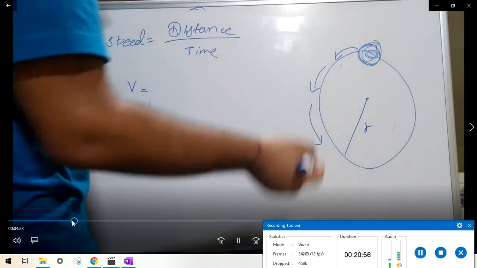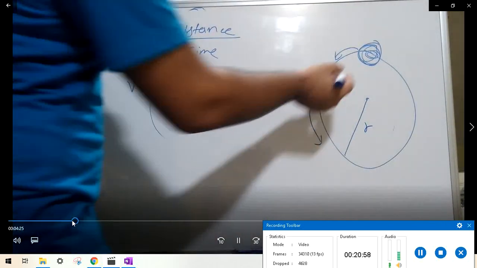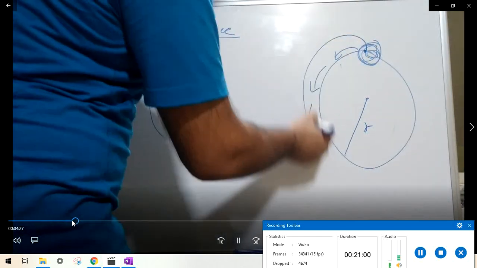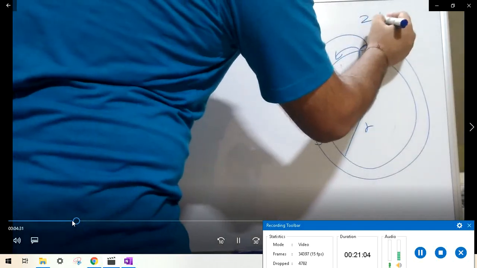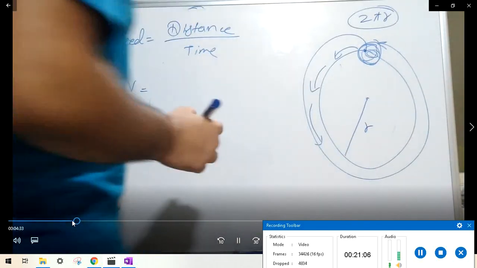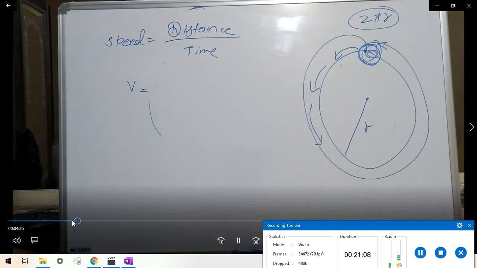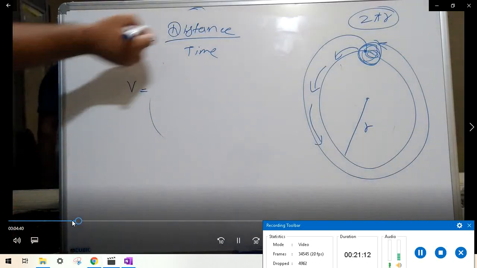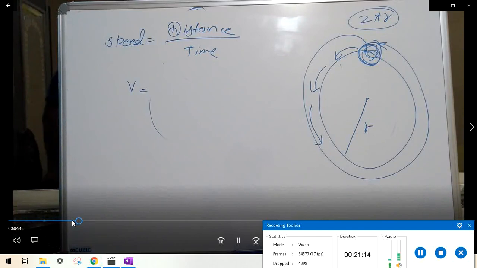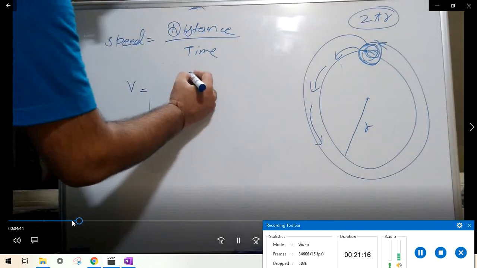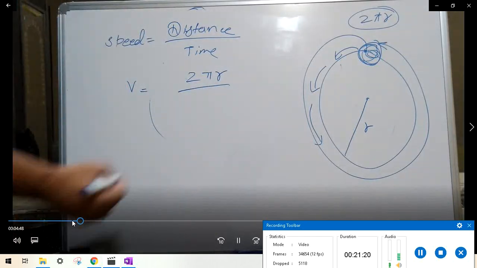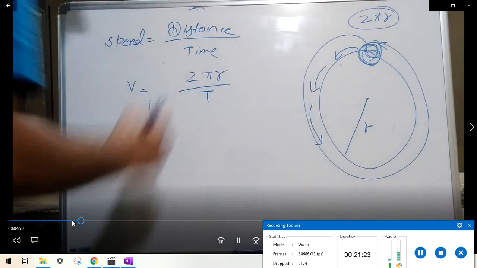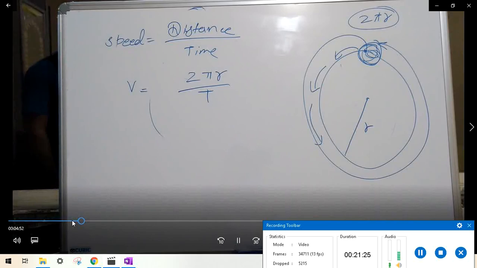We all know that the total distance it will cover from here to come back to here will be 2 pi r, because 2 pi r is the perimeter of this circle. So according to the formula, speed is equal to distance upon time, the distance will be 2 pi r, and let's denote time by capital T. So we can see capital T here.